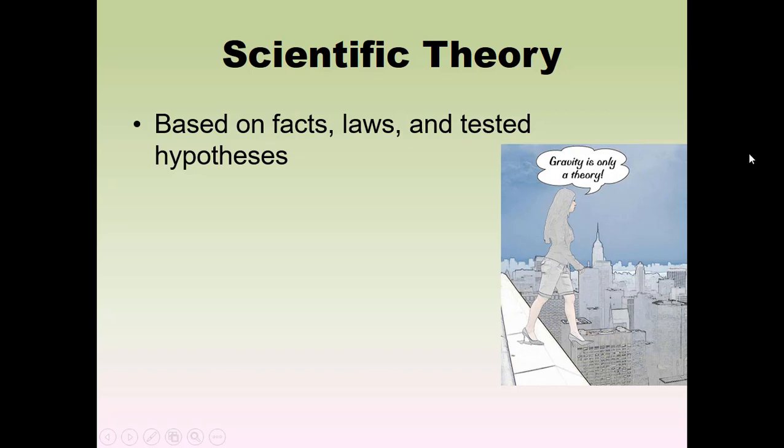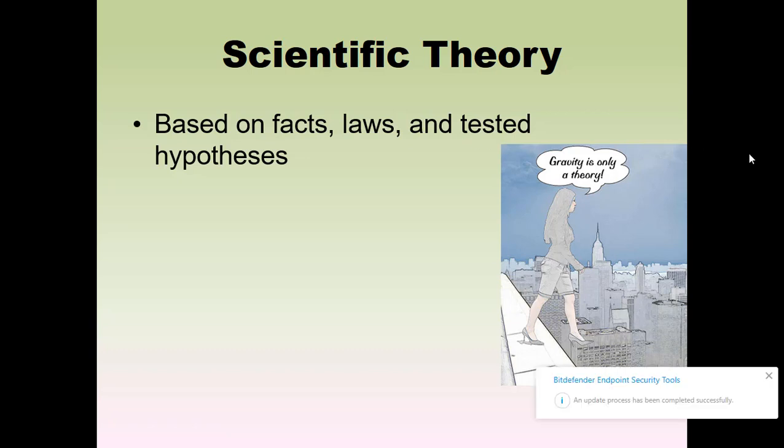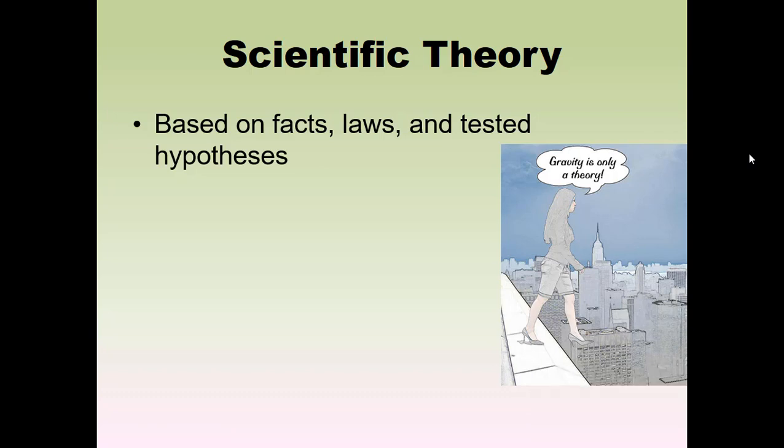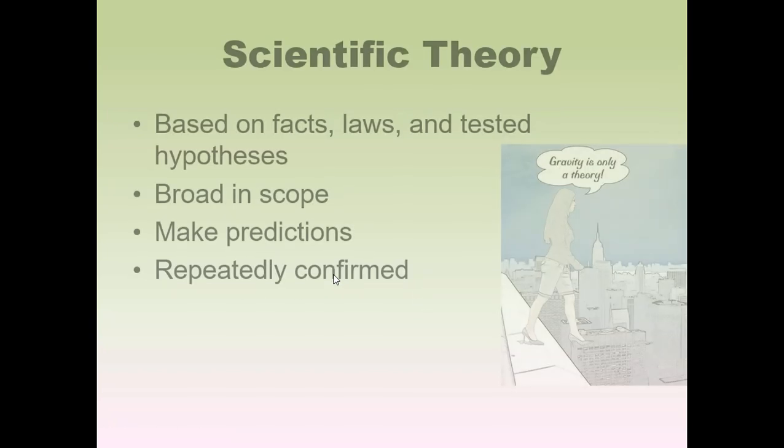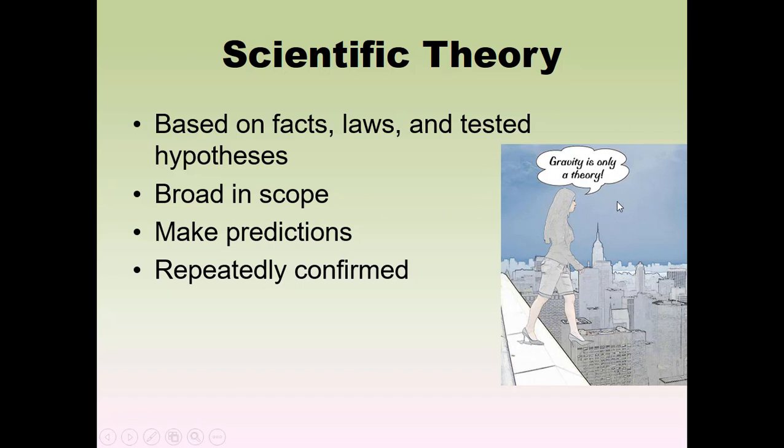Now, one of my pet peeves is that oftentimes, even when watching a nature show, say something on the Science Channel, and they're interviewing a scientist, they might say, well, I've got a theory about this. And oftentimes, they really just have a hypothesis that is not fully tested. All right? So, again, theories are going to make predictions. They're going to propose new hypotheses. They have been repeatedly confirmed, and again, are our best explanation for why the world is the way that it is.